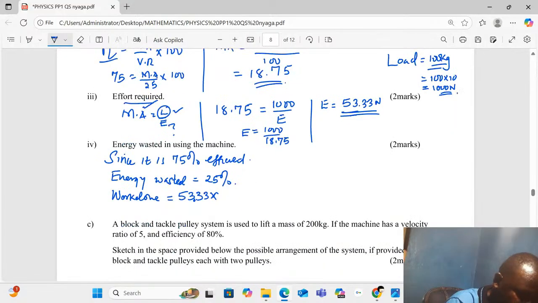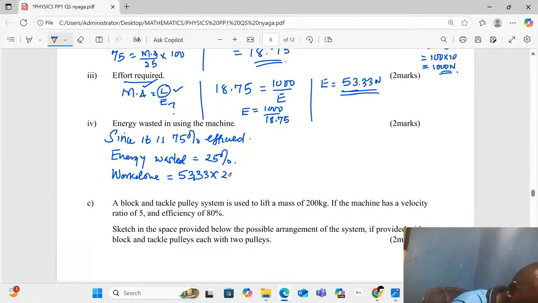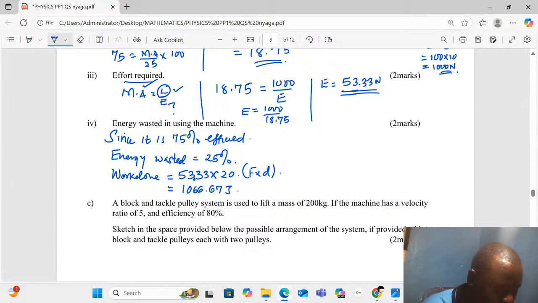So our distance became 20 meters. So this is force times distance. And this gives you 1,066.67 joules.